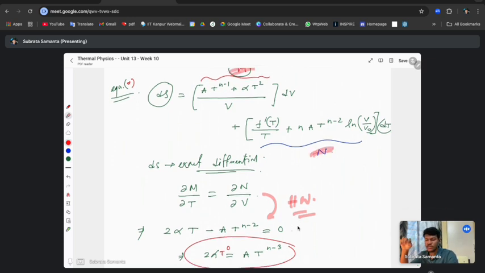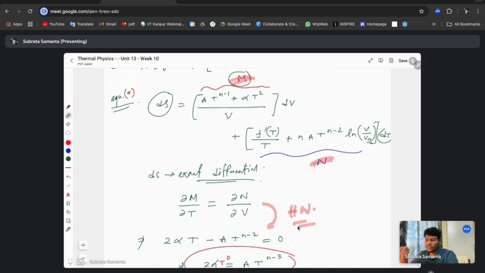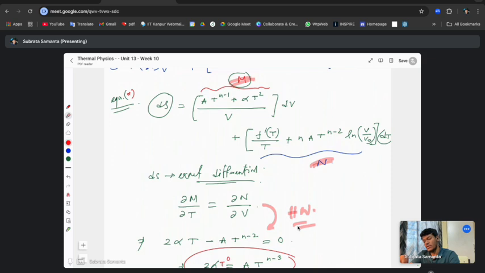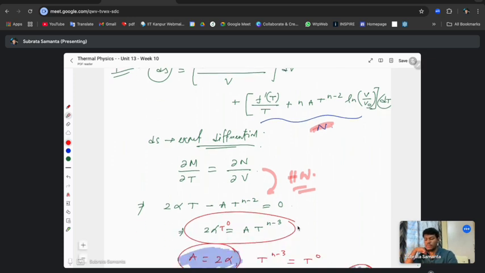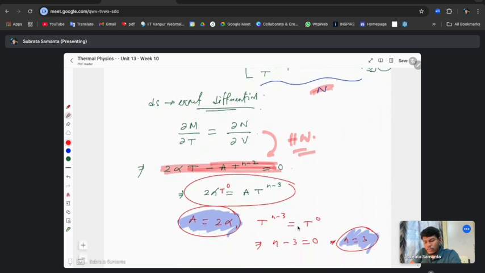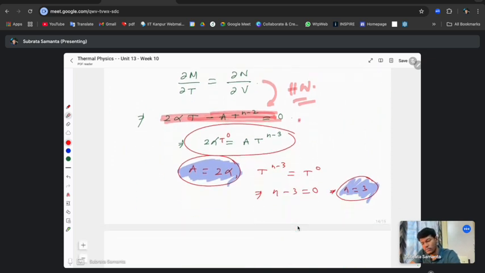So if you use this and take one derivative with respect to T, the derivative of M with respect to T equals the derivative of N with respect to V, and we get this. Okay, so check this equation. It seems there are no more questions.